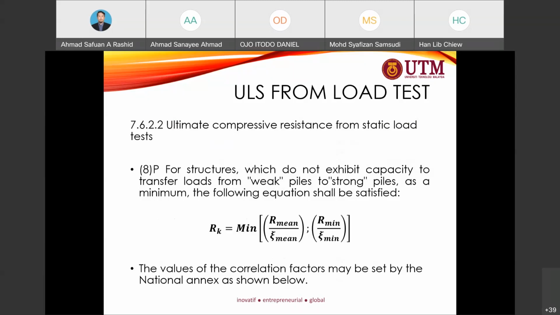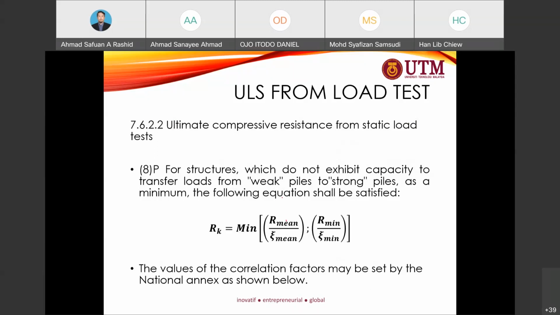So another approach is using the ultimate limit state from the load test. The ultimate compressive resistance from the static load test, we can use this value. For structures which do not exhibit capacity to transfer load from weak pile to strong pile, as a minimum the following equation should be satisfied.